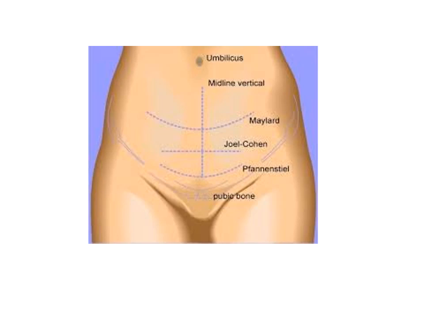As I said, the commonest and the widely practiced one is the Pfannenstiel incision, followed by the midline vertical that has a few indications, and there are a number of other types, the most famous of which is the Maillard, and the fourth type of skin incision that you may hear in your clinical practice is the Joel-Cohen.